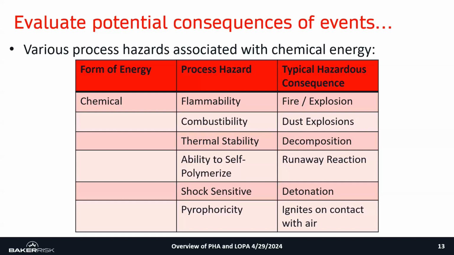Or another example, again, this list isn't all inclusive, but gives you a flavor for the types of hazards that you might be evaluating in your PHA. So if you have a material that's pyrophoric, if air somehow gets into your system, you might experience ignition of that process. So you want to make sure you assess those hazards as well.